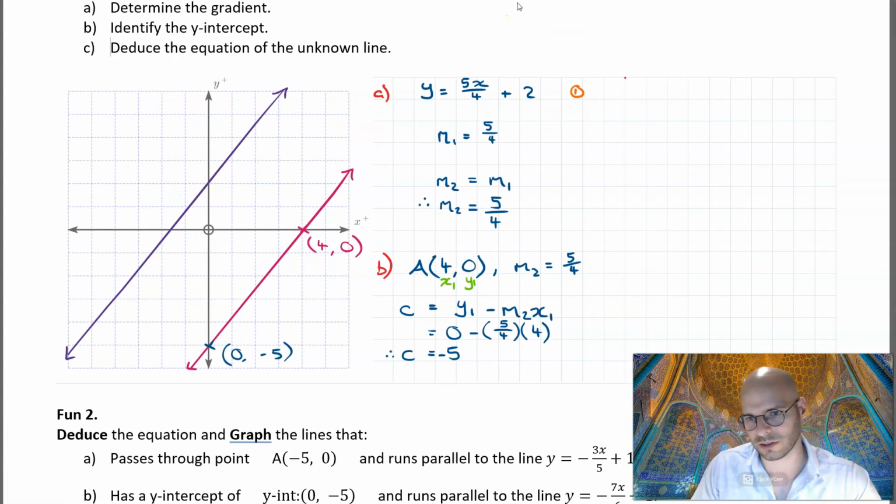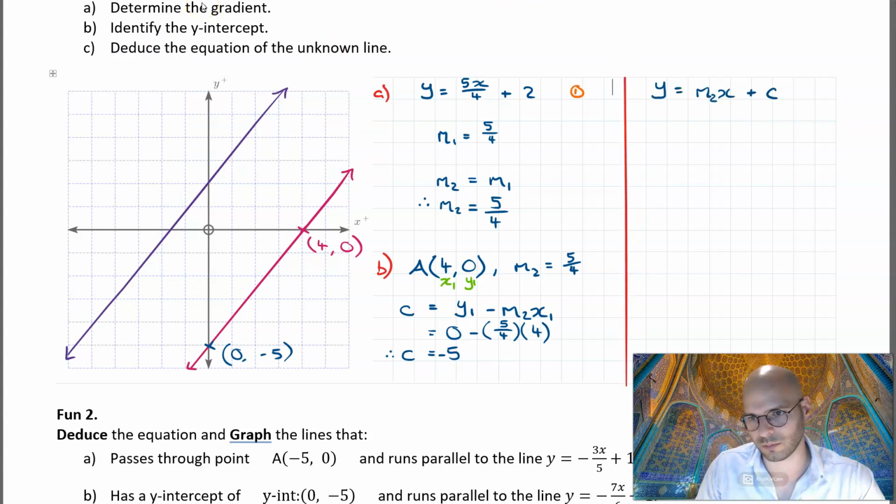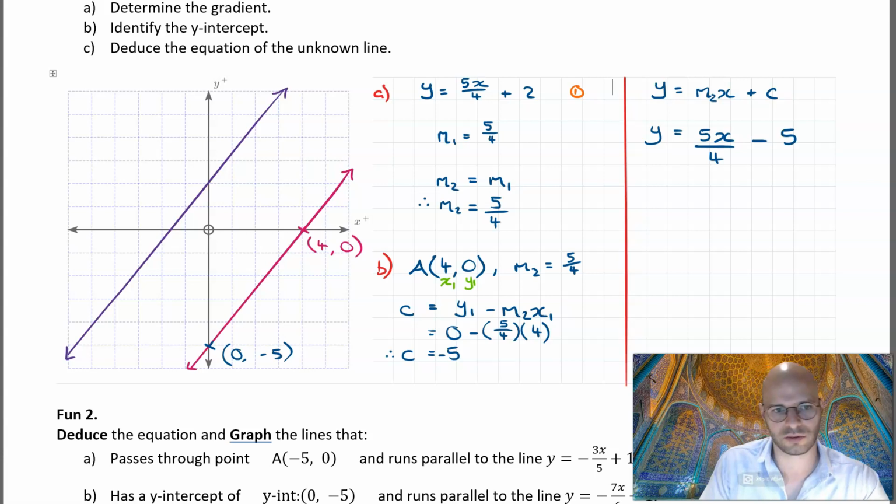The equation of this line being y equals mx plus c. We're going to be dealing with m2. So therefore we can write y equals, our m2 in this case is 5 over 4. So we'll go 5x over 4 plus, and we know our c is -5. So we go take 5.